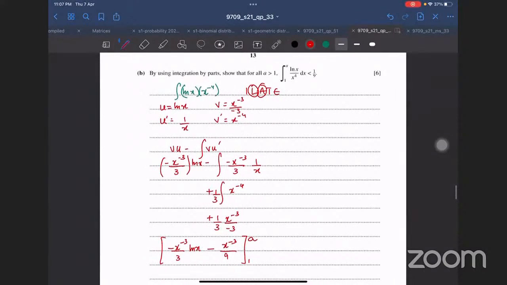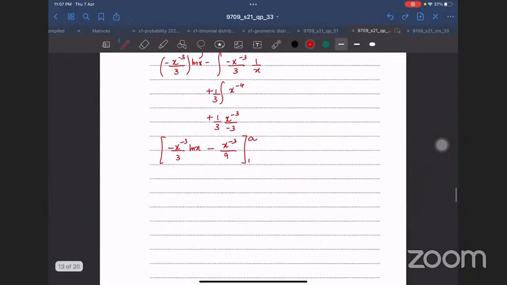Now show that for all a greater than 1, the integral is less than 1 over 9. So let's just first put in the limits, see what happens. This becomes 0 and this becomes minus 1 over 9.